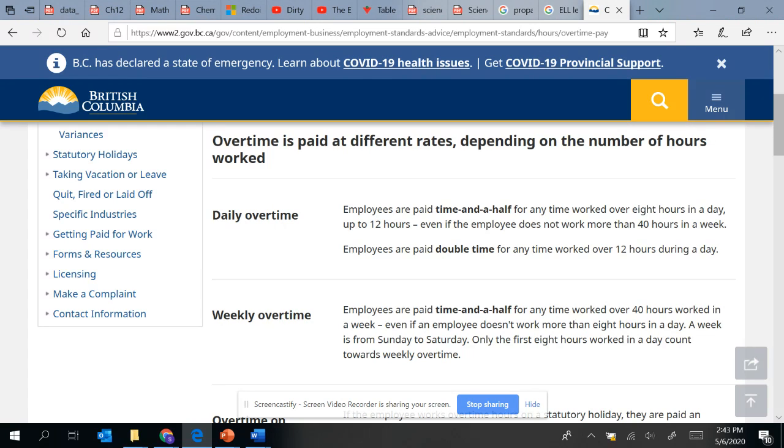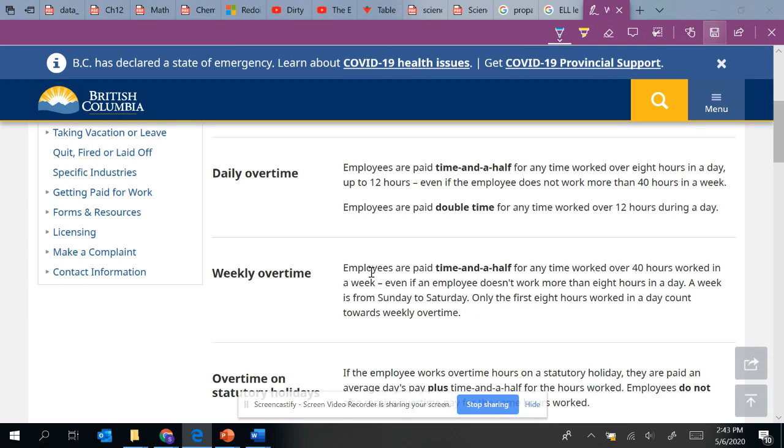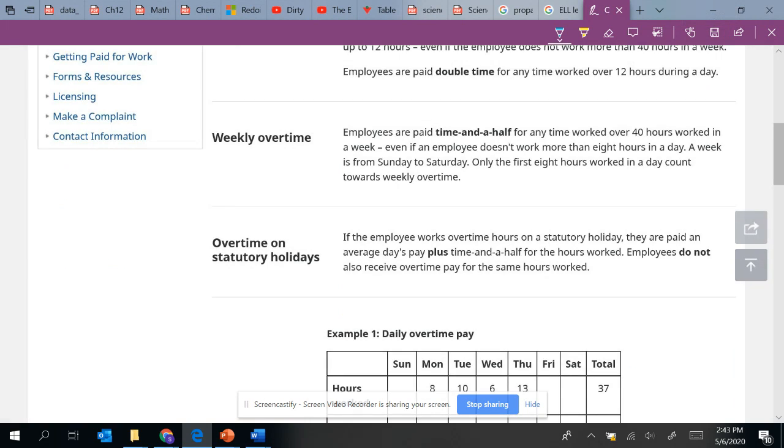Now if we go down to the weekly overtime hours, this is the key part. Employees are paid time and a half for any time worked over 40 hours in a week, even if the employee doesn't work more than 8 hours in a day. A week is from Sunday to Saturday.